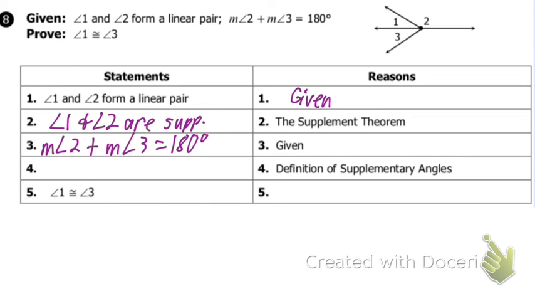So we went from 3 to 4. We use the definition of supplementary angles. A definition would go words to math or math to words. Well, were we just given math or words? Math. What are we probably going to? Words. And what word are we probably going to include in there somewhere? Supplementary. So if the measure of angle 2 and the measure of angle 3 add to 180, what do we know about angle 2 and angle 3?